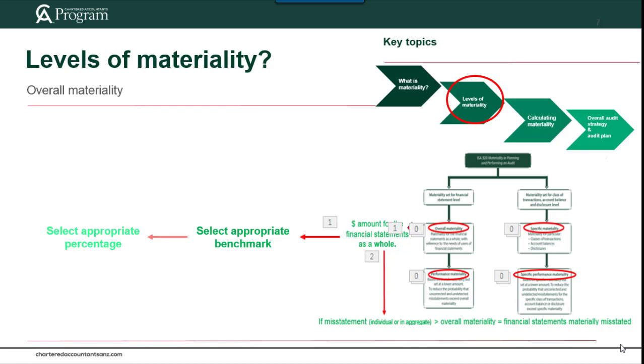The benchmark selected should be appropriate to the circumstances of the entity. Examples of potential benchmarks include profit before tax, total revenue, gross profit, total expenses, or net assets.